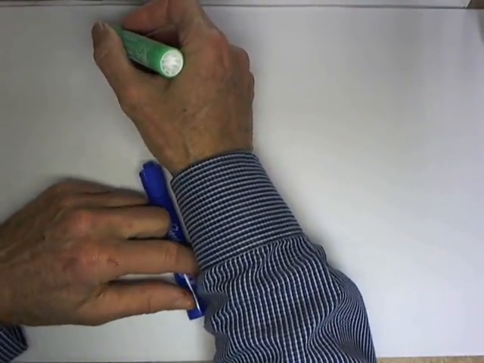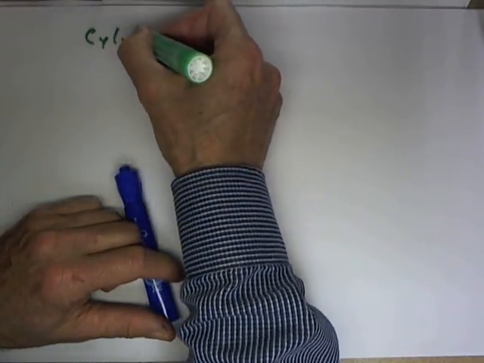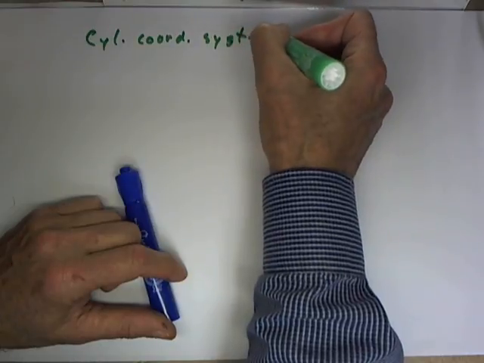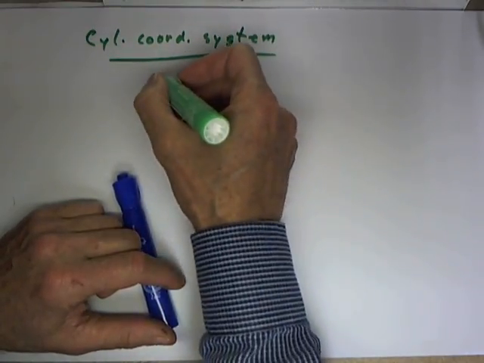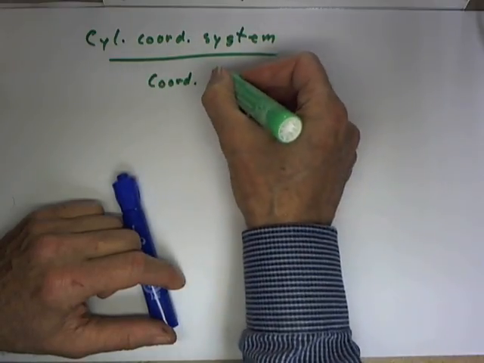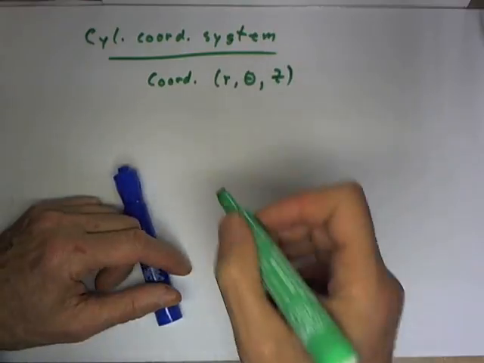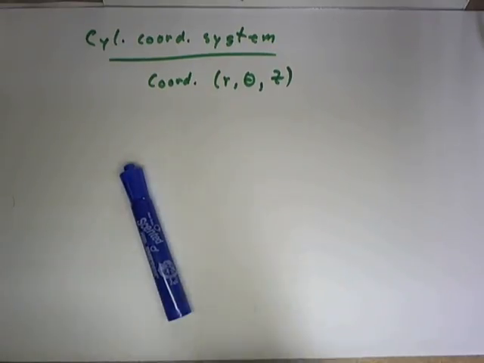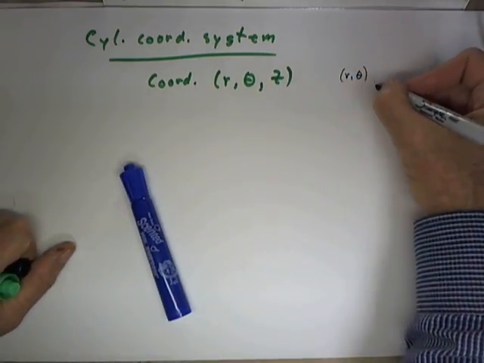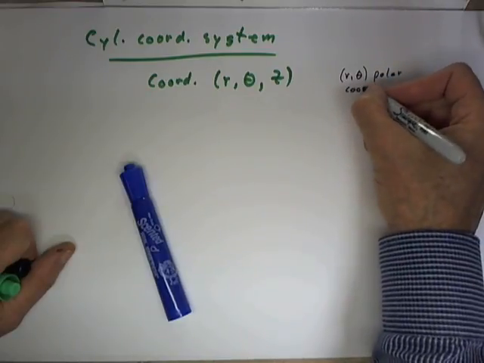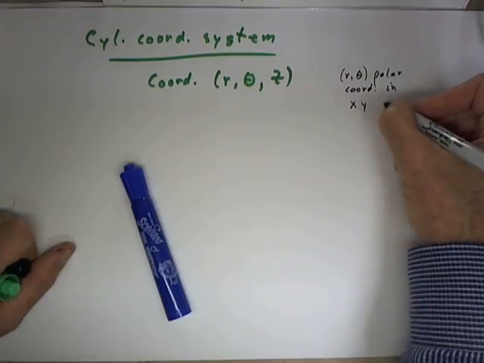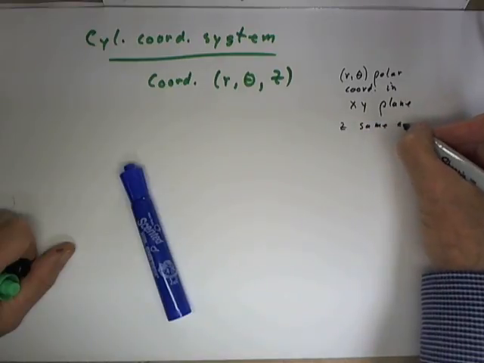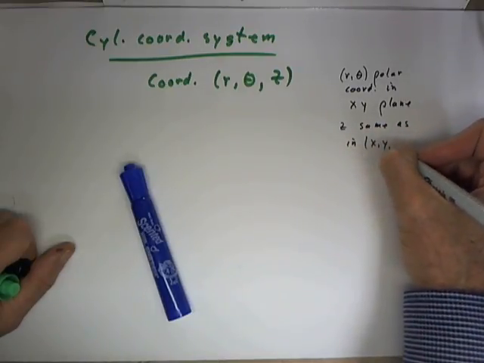Cylindrical coordinates. We have the cylindrical coordinate system with coordinates r, theta, z, where r and theta are essentially just polar coordinates in the xy plane, and z is the same as in an XYZ system.